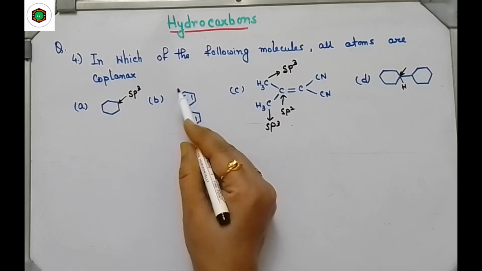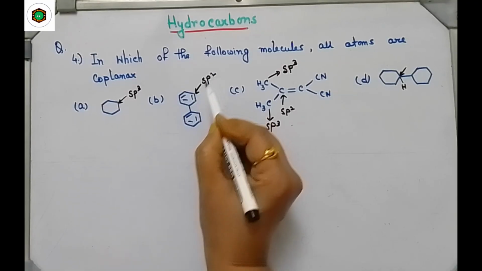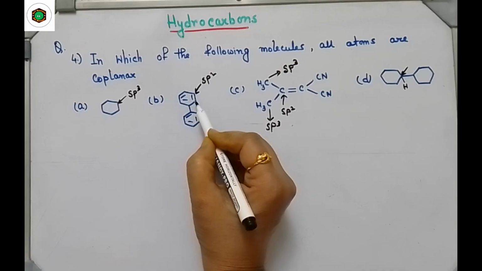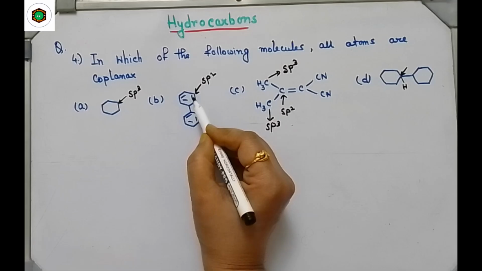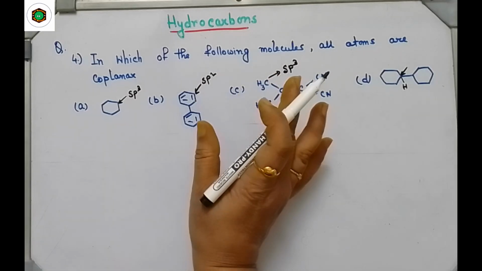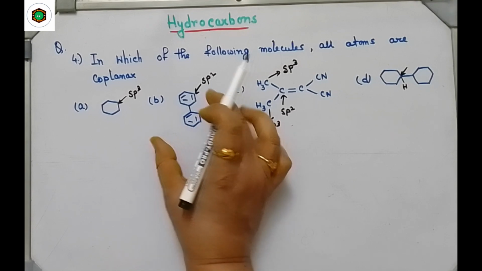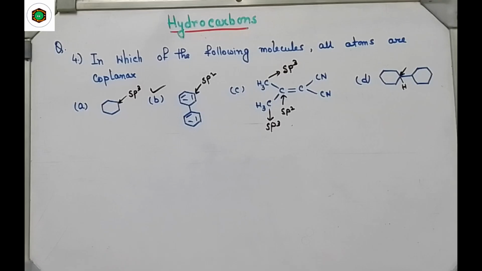But here each carbon atom is sp2 hybridized. Why sp2 hybridized? Because each carbon has 3 sigma bonds, 2 sigma bonds with carbon and 1 sigma bond with hydrogen, and 1 pi bond is there. So 3 sigma bonds and 1 pi bond means sp2 hybridization, which means this compound is coplanar. So this is your answer.